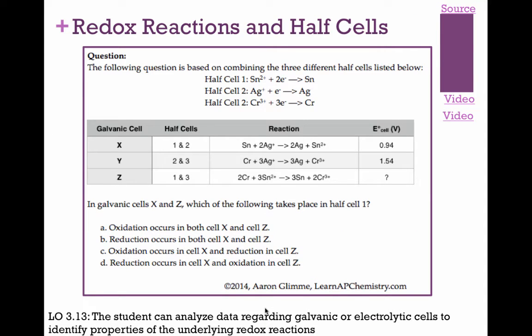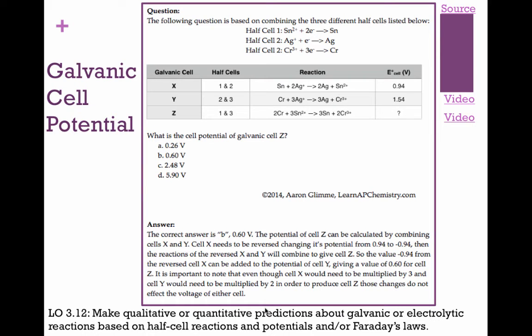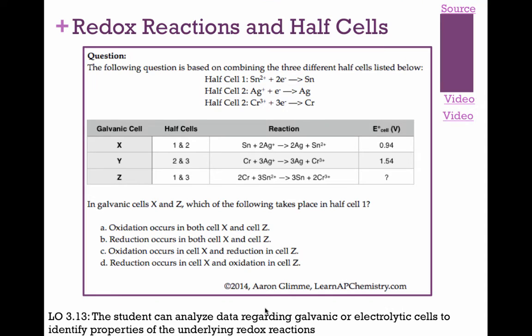Okay, so then here's another one. It's the same data, so in case you forgot, cell Z has a potential of 0.6. In galvanic cells X and Z, which of the following takes place in half cell number 1?